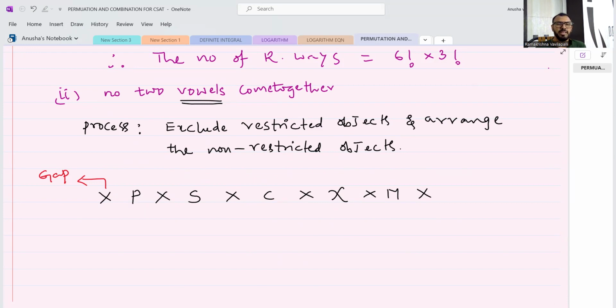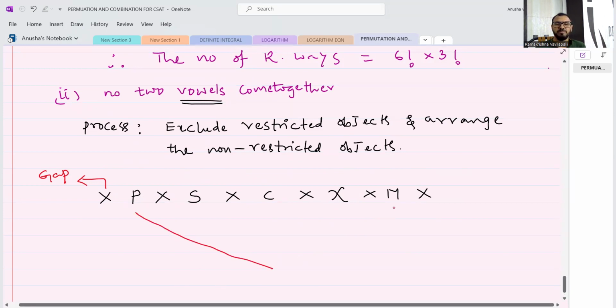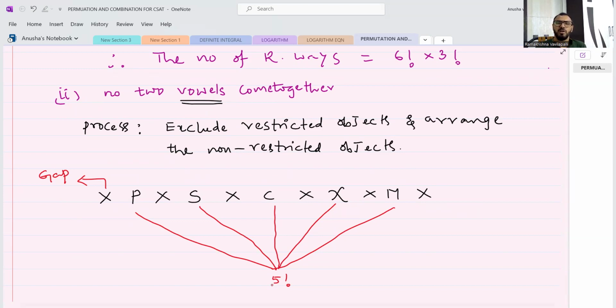All right, you see that these five objects can be arranged in 5 factorial ways. So non-restricted objects can be arranged in 5 factorial ways.